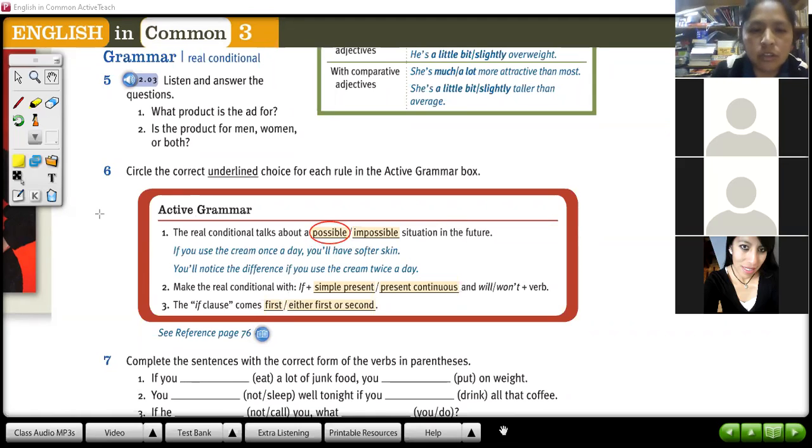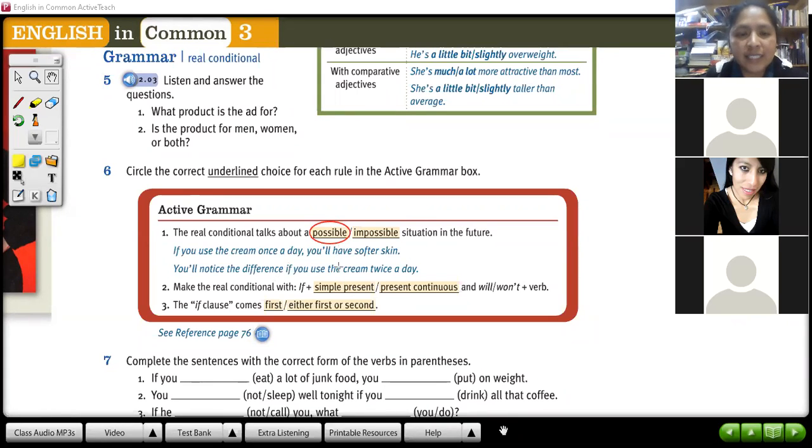Talk, not talks. No, it's talks. The pronunciation is talks. The real conditional talks about a possible situation in the future. That is a real conditional, or first conditional.